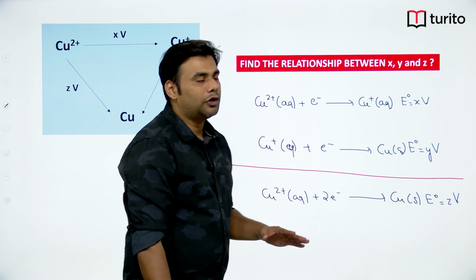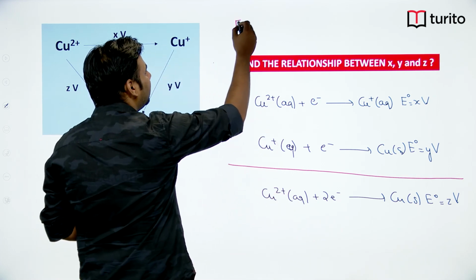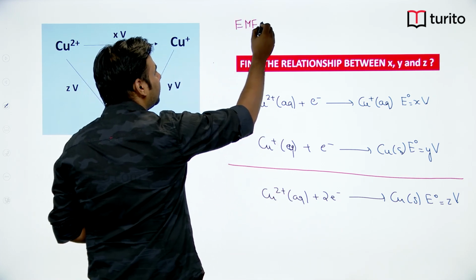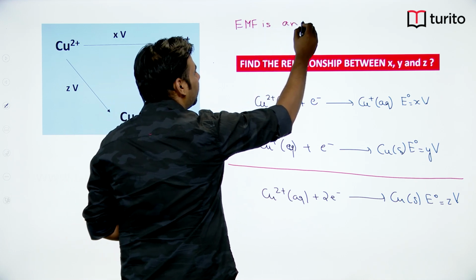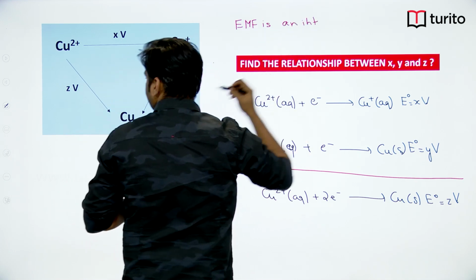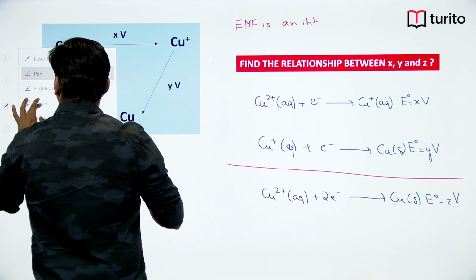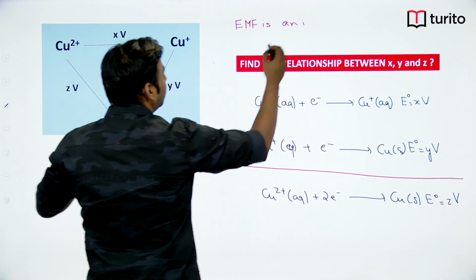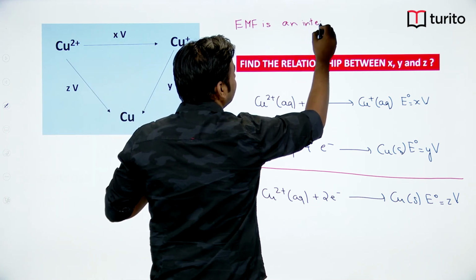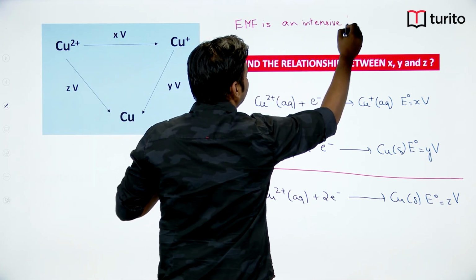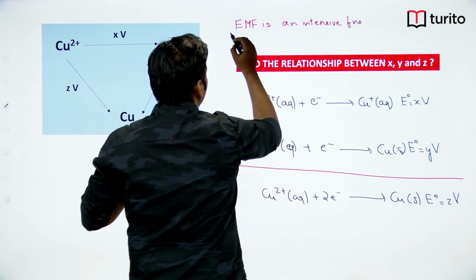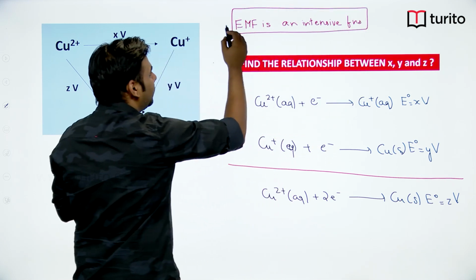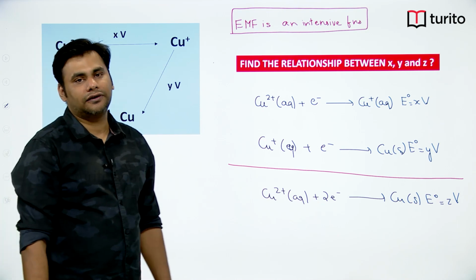This is incorrect, because EMF is an intensive function. I hope you remember this; we have done this in thermodynamics. EMF is an intensive function and is not additive in nature.